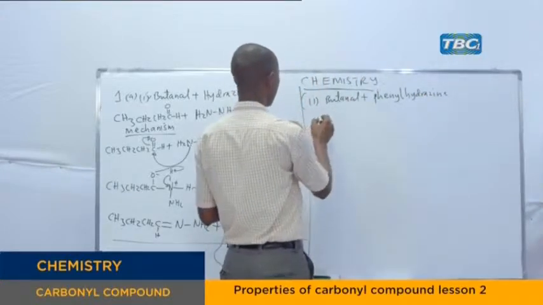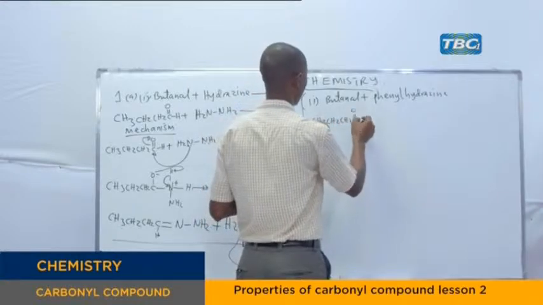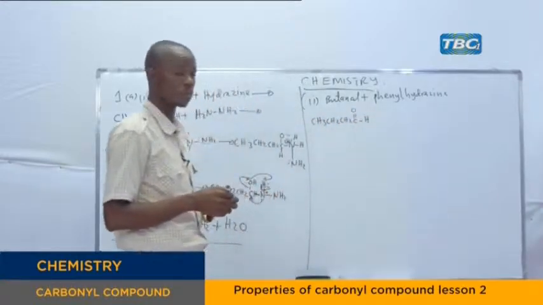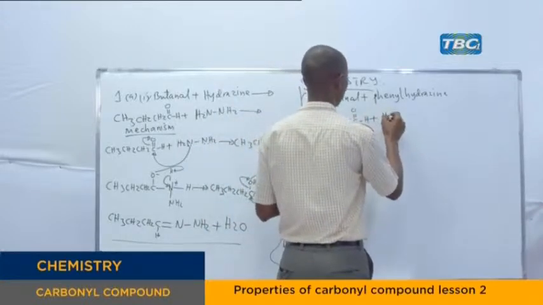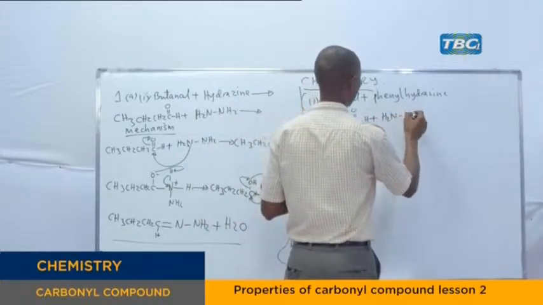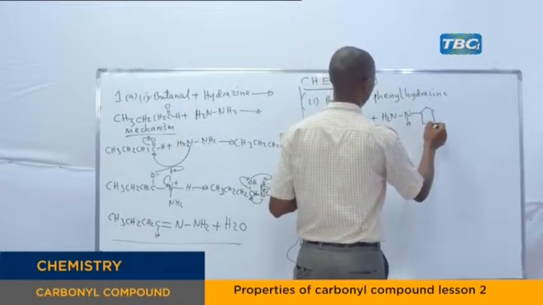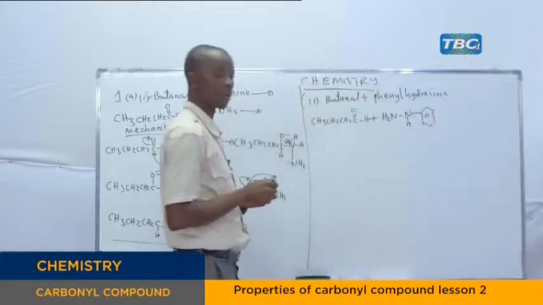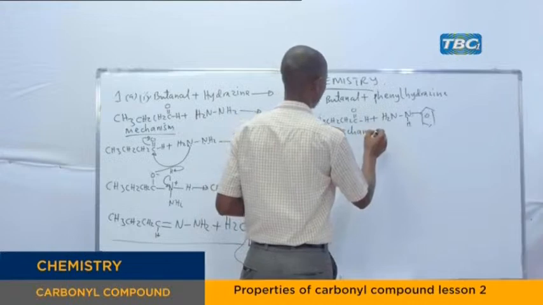You just write the formula. That is butanal. Phenyl hydrazine is written this way. That one. What will be the product? Let's see the little mechanism here as well.